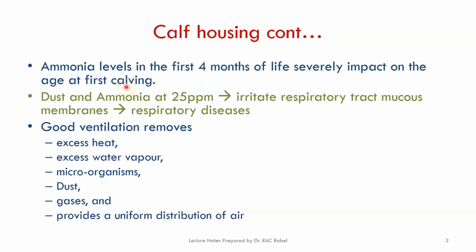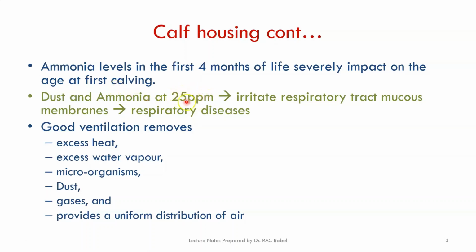It has been shown that ammonia levels in the first 4 months can be critical, and not just the short-term effects of pneumonia, but it can impact long-term effects like age at first calving. So that is another reason why you need to make sure that your calf pens are clean and ammonia levels stay minimized.